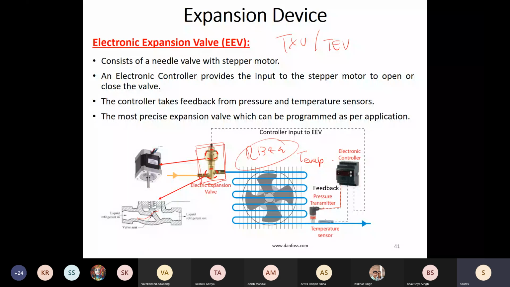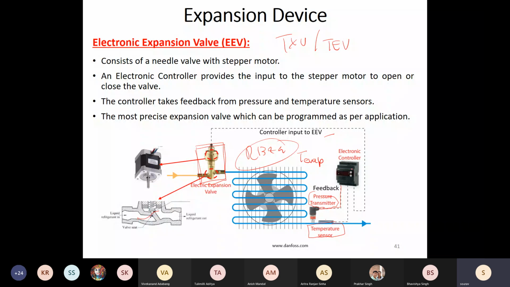And this sensor is again sensing the exit temperature from the evaporator. So you now know that the difference between the temperature sensed by this temperature sensor minus the saturation temperature corresponding to this pressure will give you the degree of superheat. So you can write a few lines of code in your controller. Please remember that EES will not work. Any of the property databases will not work for your controller.